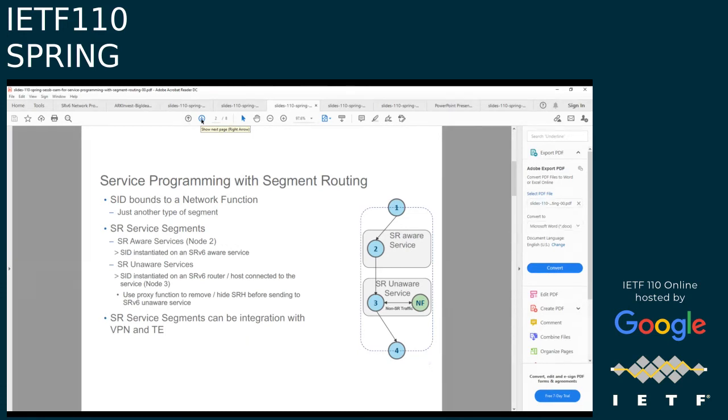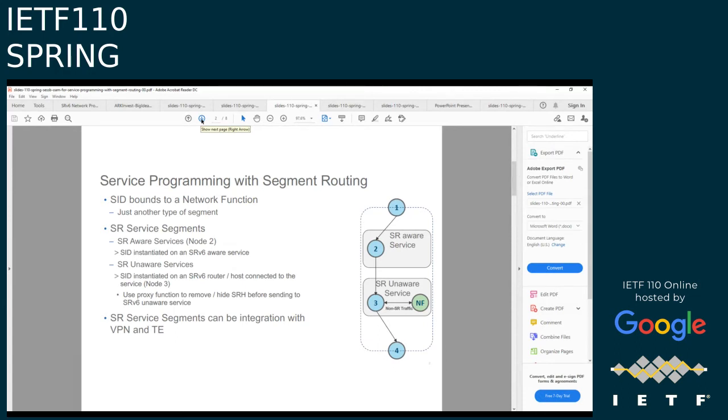Here, a SID for the service programming may be bound to a network function. A SID which is bound to a network function is just another type of segment.